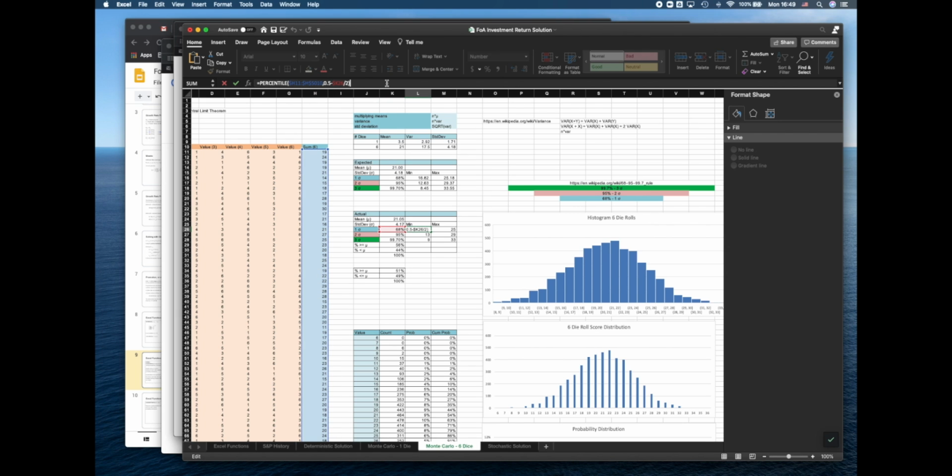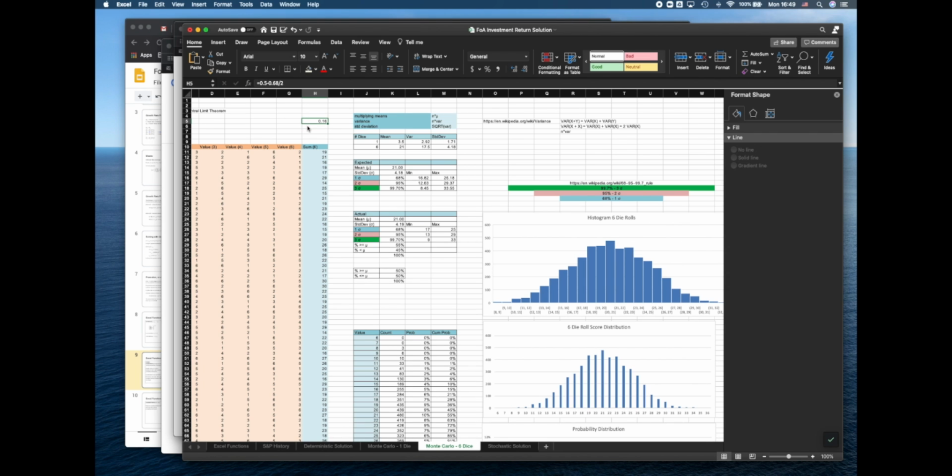And then I want 68% around the mean. So I take 50%, which is 0.5, and I subtract out 68% divided by 2. The percentage that I want is 0.5 minus 0.68 divided by 2. So I want the 16th percentile.